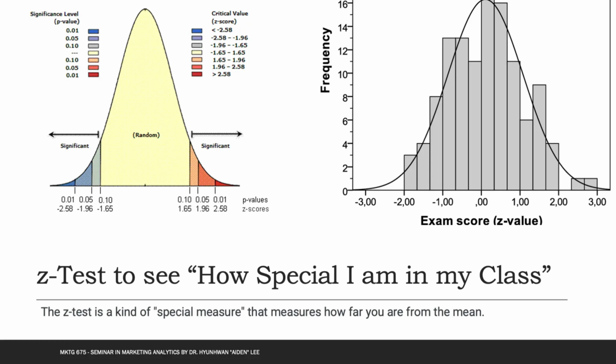An easier way to feel what a z-test does is to imagine exam scores. On the right, each bar is a student's score, and the smooth curve is the overall distribution in the class. A z-score tells you how many standard deviations you are above or below the class average. If your z-score is close to 0, you are a typical student.